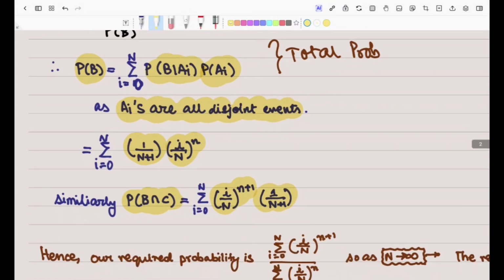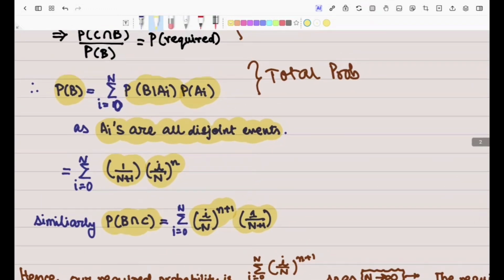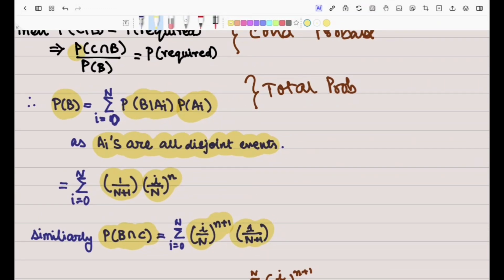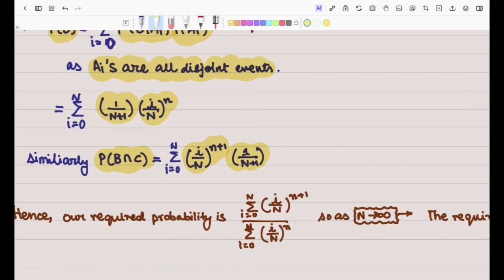So the probability that we require is actually the probability of B intersection C divided by the probability of B. So that comes out to be this expression, right?